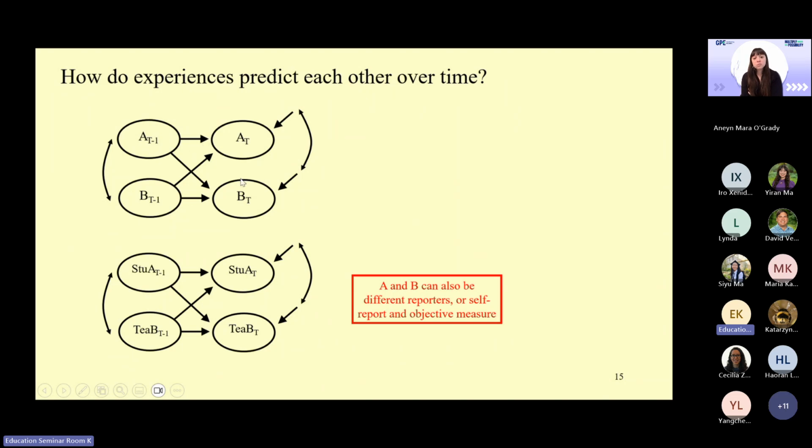And this is a model that I'll show you later, where instead of having these as 2 variables within a person, we have this as a student report, and this is a teacher report of the same event. So that will be interesting to see. So stay tuned for that. And this could, of course, then be a self-report measure or an objective measure.